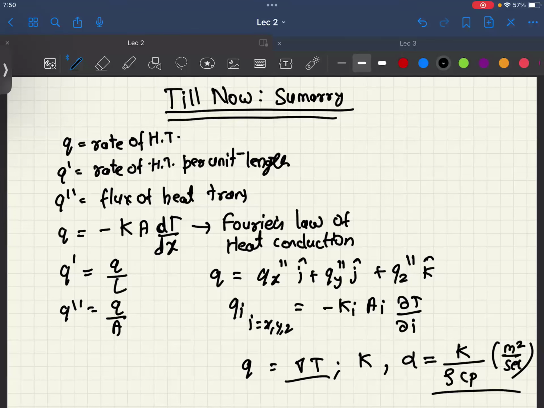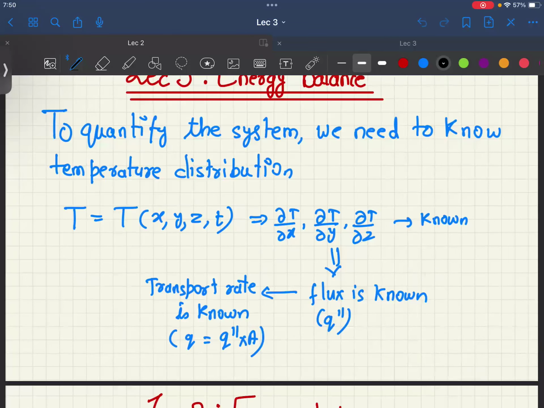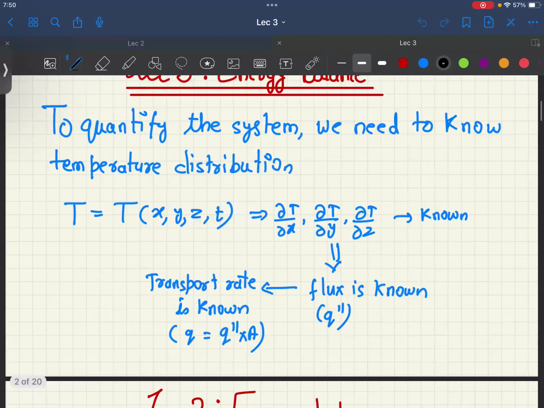Okay, so we are going to try to understand this using next some questions. Now in general, if I ask you, in order to quantify the heat system, what we actually need, we actually need to know the distribution.